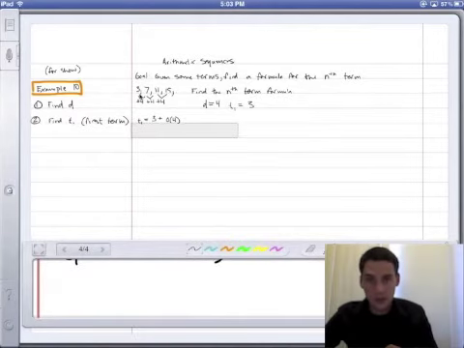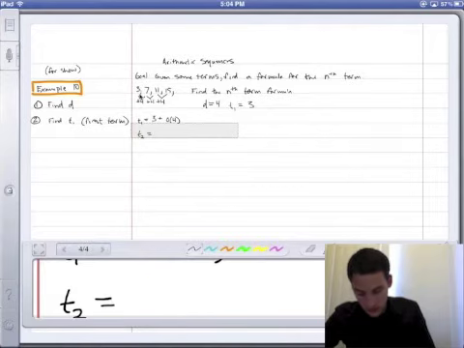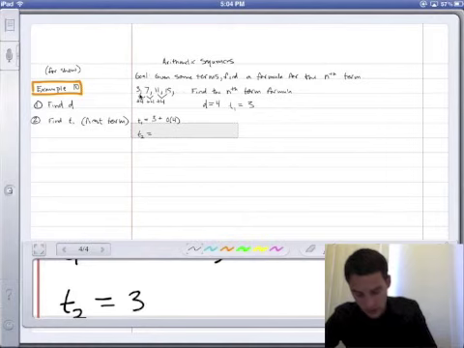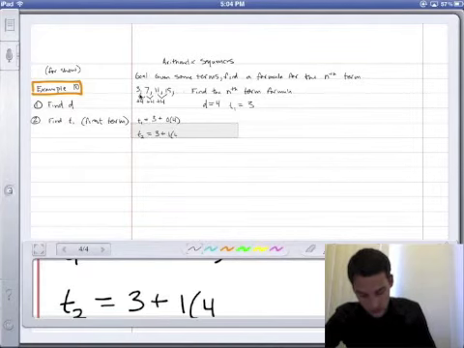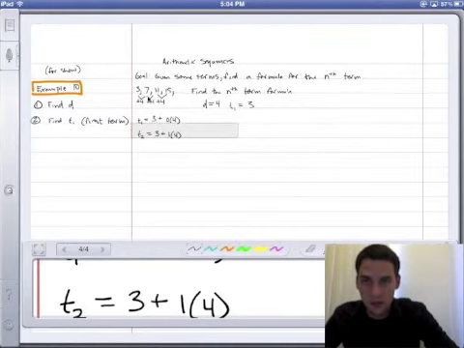The next term is t sub 2. And that will be, well, it's just 4 more than 3. So I'm going to write 3 plus 1 times 4, which is just 4. So 3 plus 4 is 7, and 7 is the second term right there.